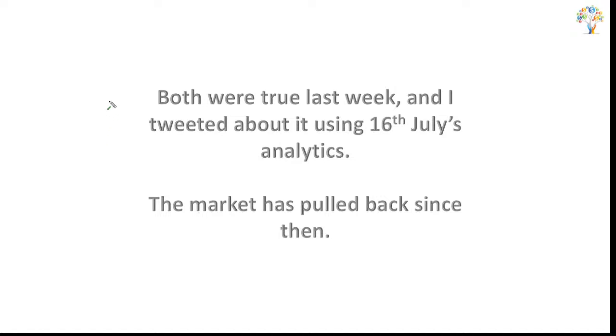And this market is appropriate for this topic because both were true last week. I tweeted about it using 16th July's Q Edge analytics, and the market pullback since then works like clockwork.